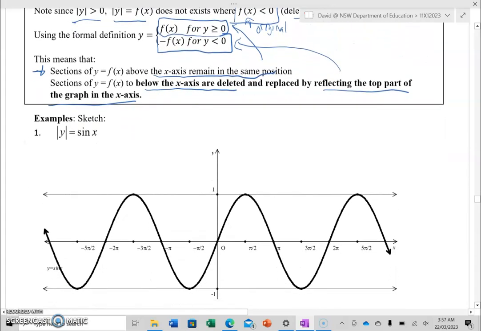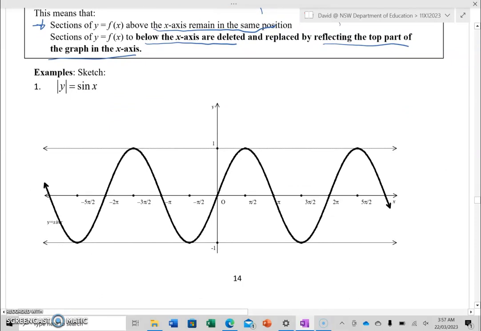Alright, so let's have a look at this question. I've drawn the graph of y equals sine x, and we want to do absolute value of y is equal to sine x. So the key thing is where the original graph is positive, that still stays the same. Hopefully you can see that, I'm trying to trace over the graph there.